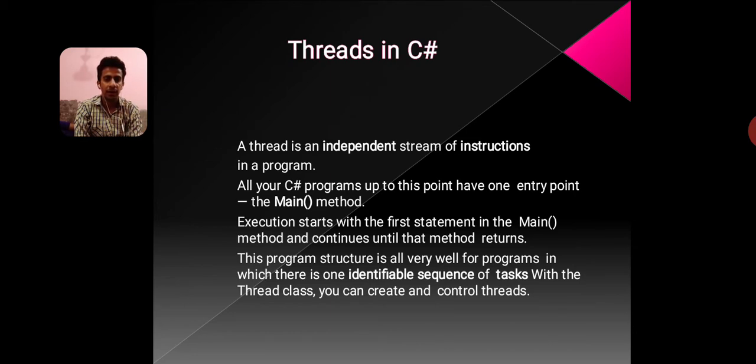Execution starts with the first statement in the main method and continues until that method returns. This program structure is all very well for programs in which there is one identifiable sequence of tasks. With the Thread class, you can create and control threads.